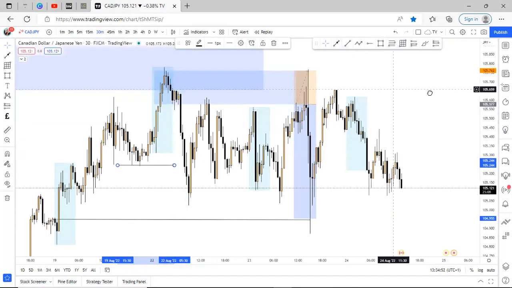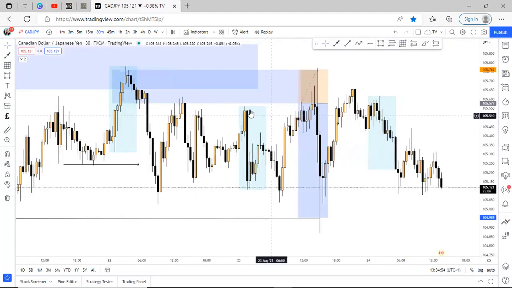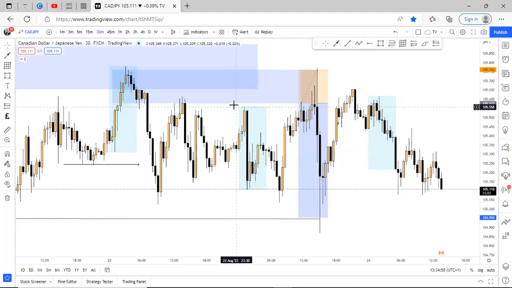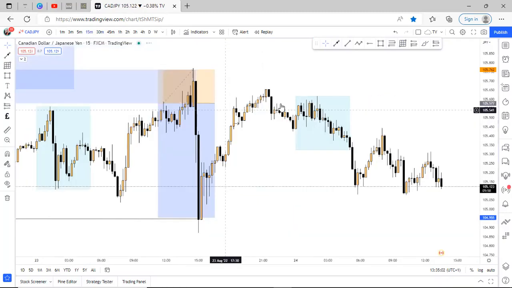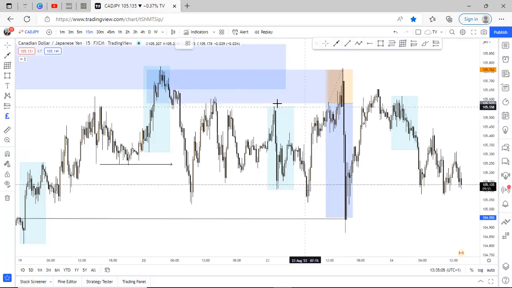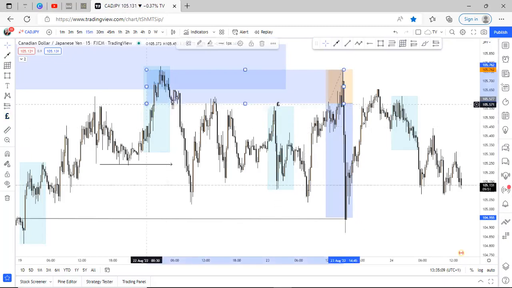So why I got into this trade yesterday was because I saw price pushing up, and I was thinking I could get an entry if the Asian range high that is right here can be taken out. So if this gets taken out, I will get into a sell trade, and this was the supply zone I was looking at.